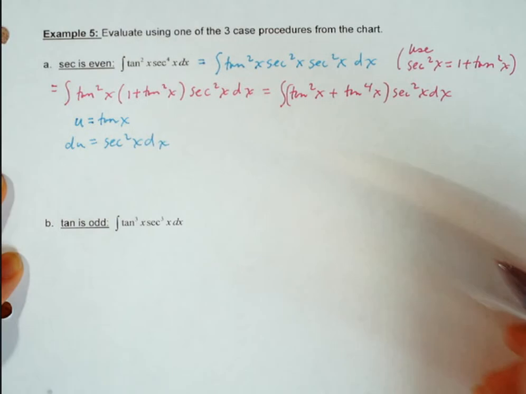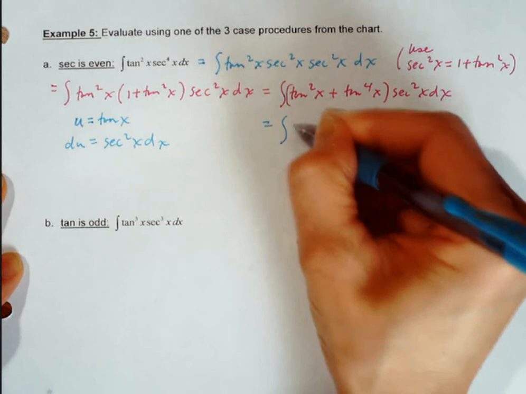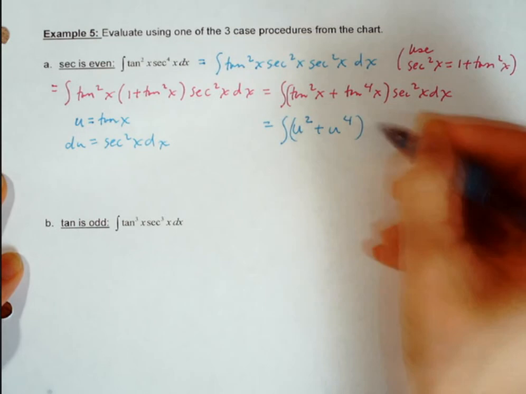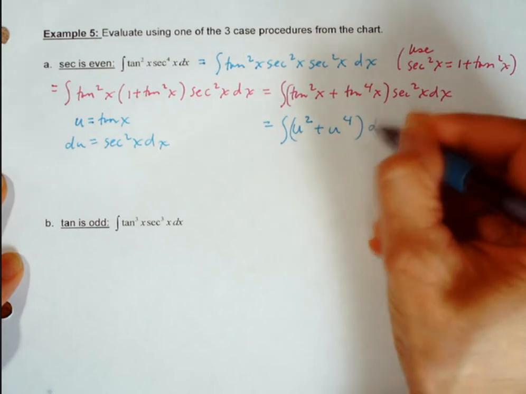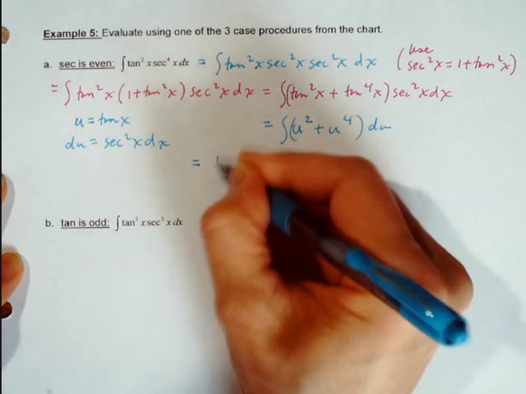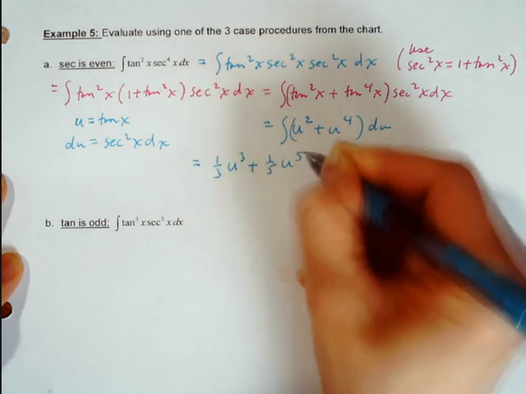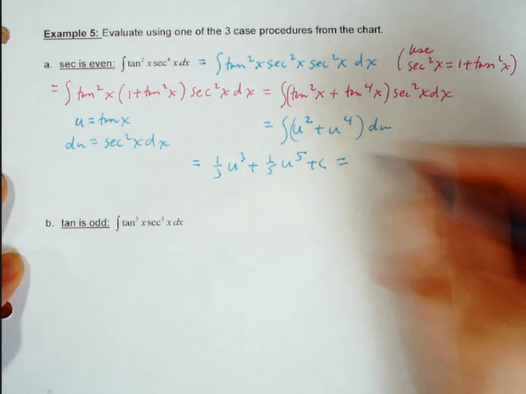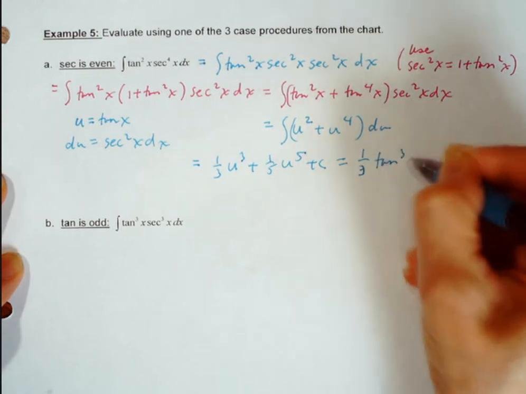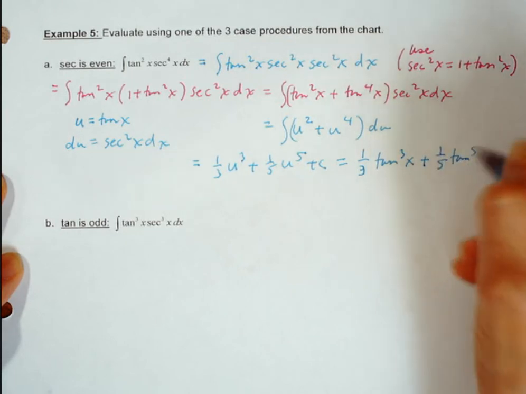Then I end up with the integral of u to the 2nd power plus u to the 4th power du, and integrating that comes out to 1/3 u to the 3rd plus 1/5 u to the 5th plus c. Then I make my substitution, so I have 1/3 tangent cubed x plus 1/5 tangent to the 5th x plus c.